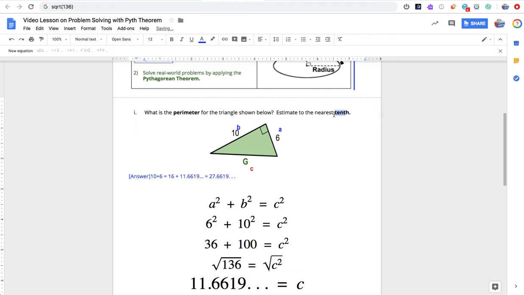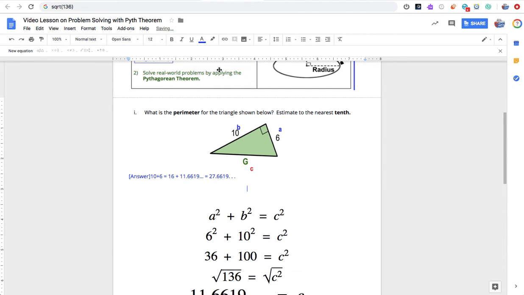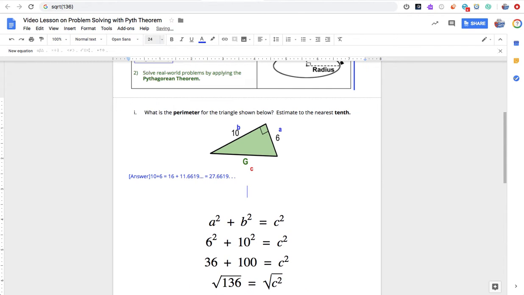Because they want us to round to the nearest tenth, that means one decimal place. I look at the digit after, it's a 6, so I know I'm going to bump up my answer. My final answer here is going to be 27.7, because I needed to round that 0.6 up to a 0.7. There's the perimeter for the green triangle.